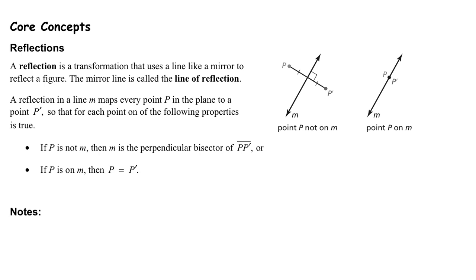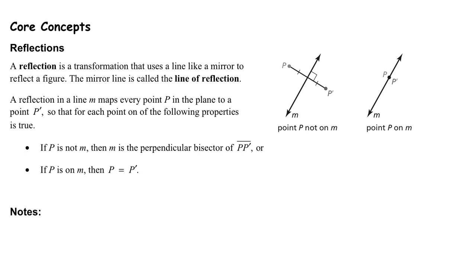That also means if the point that you want to reflect is on the line of reflection, it won't go anywhere, because if I move it, I have to be the same distance away. So, for example, if P is one space away from the line of reflection, its reflected point needs to be one space away on the other side.